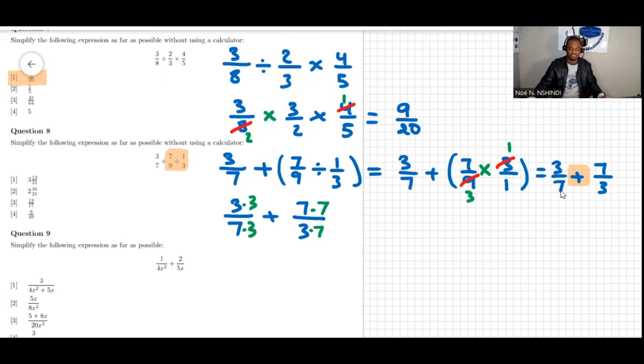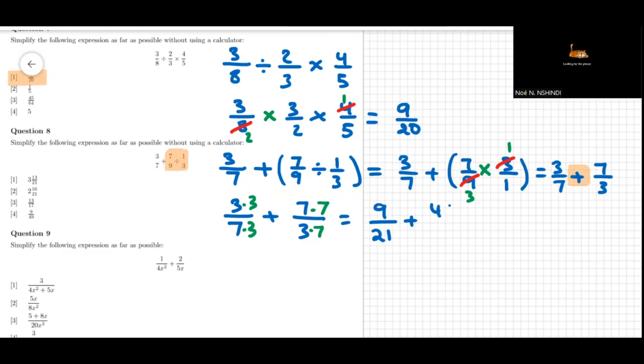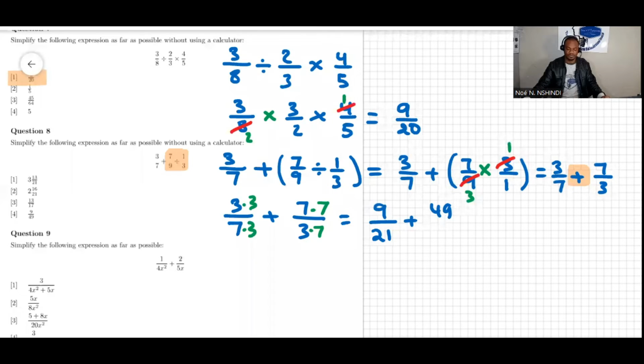So we just multiply them, 7 times 3, 21. And then this will become 9 over 21 plus 49 over 21.